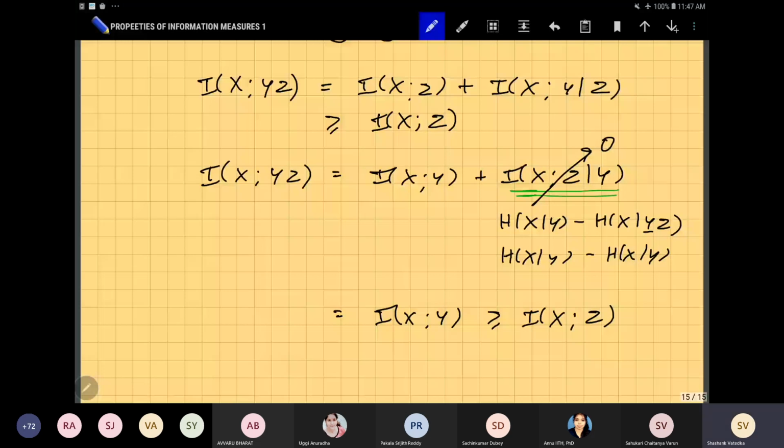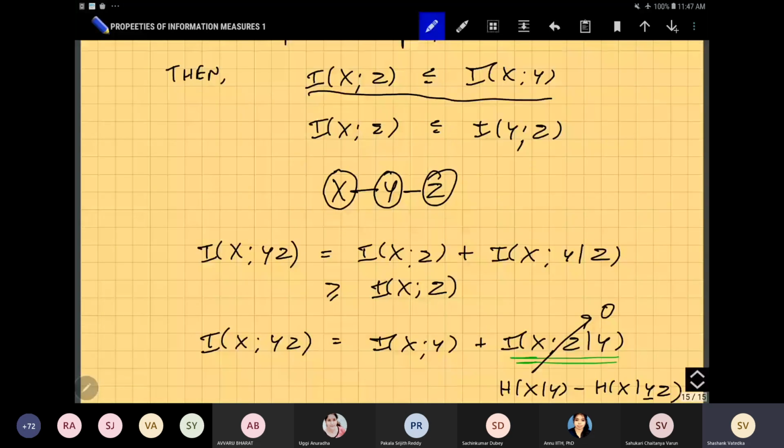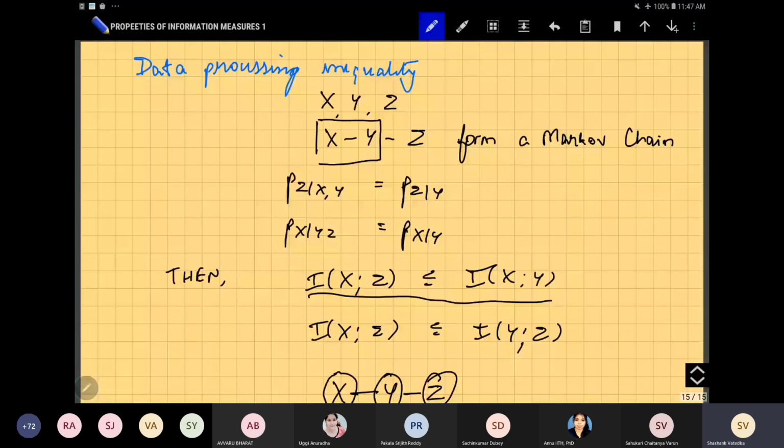All right, so this is the data processing inequality, and this is very frequently used in information theory, statistics, and machine learning. So basically, if you're trying to estimate a particular random variable x, and you're given y or you're given z, then the question is, how do you choose this z given y in order to maximize the amount of information that you get about x?